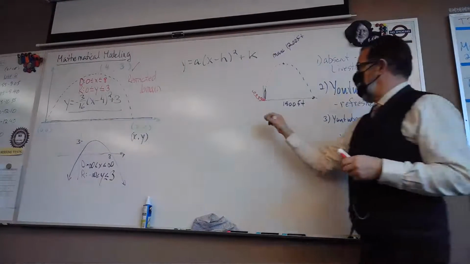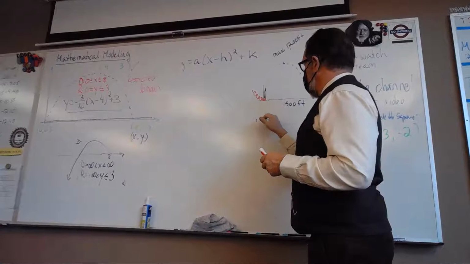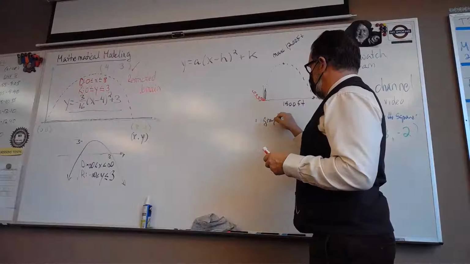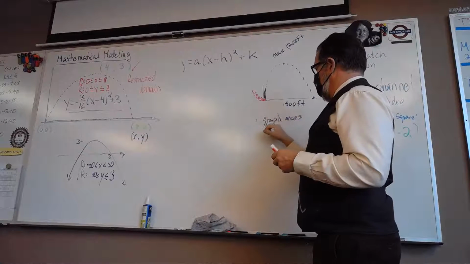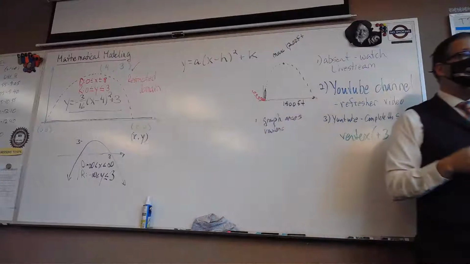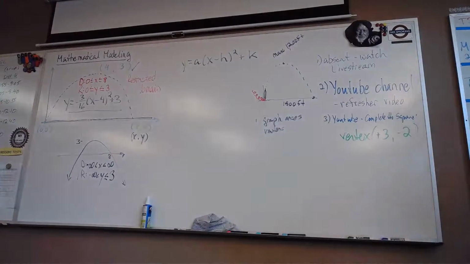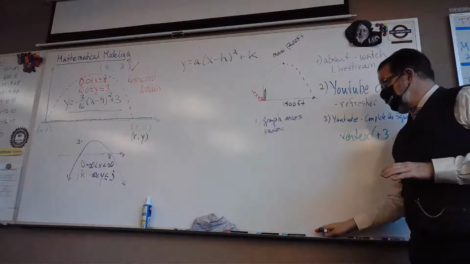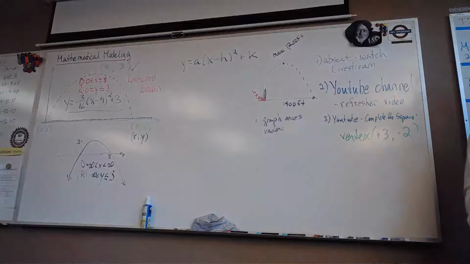Question number 1. We're going to put your graph axes, and based on where your graph axes are, identify the vertex of this parabola. Go. Where are you going to put your axes, and where's the vertex?